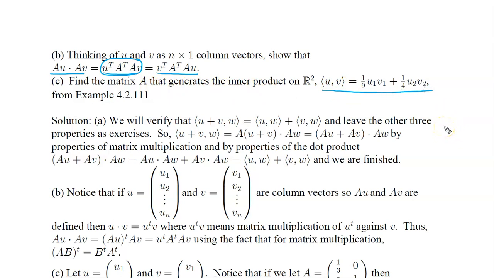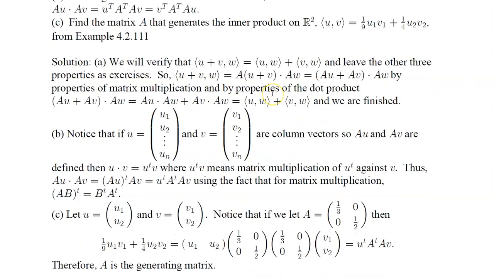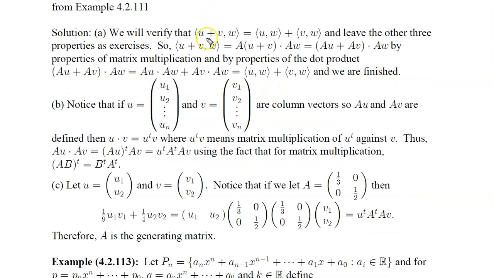All right, so for part A, we're going to verify that the inner product of u plus v with w equals the inner product of u with w plus the inner product of v with w. Remember once again that that is the same as what we had stated in the definition.